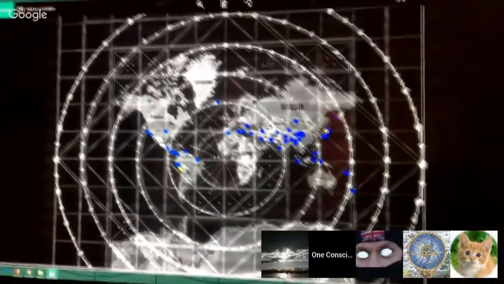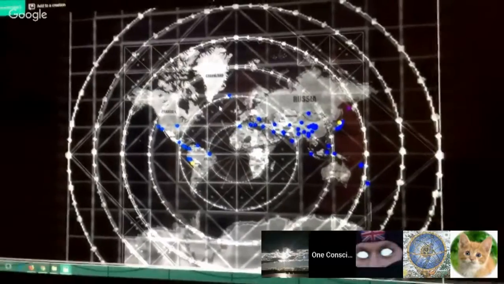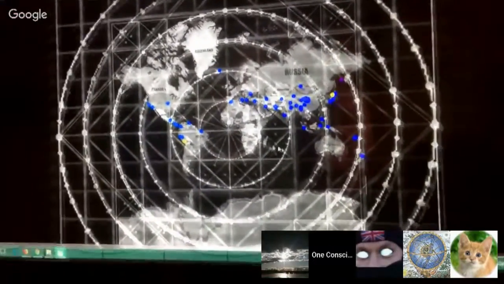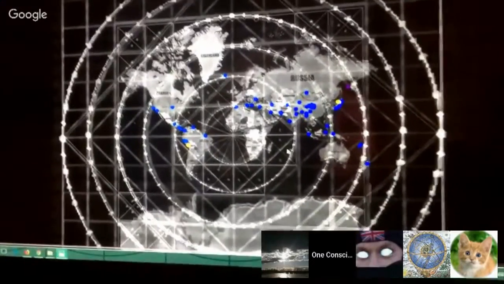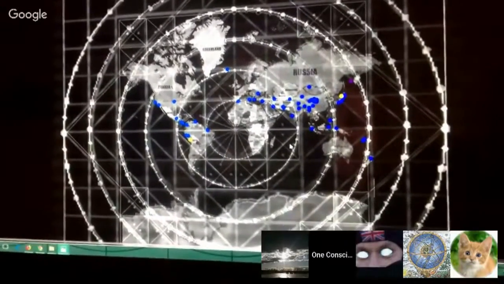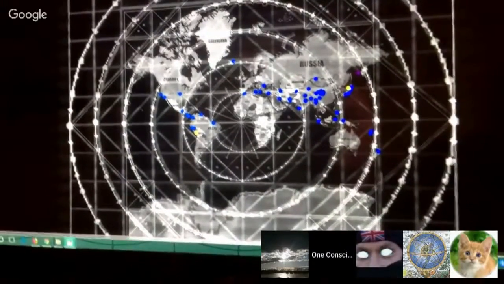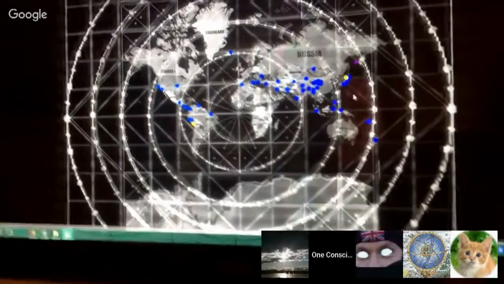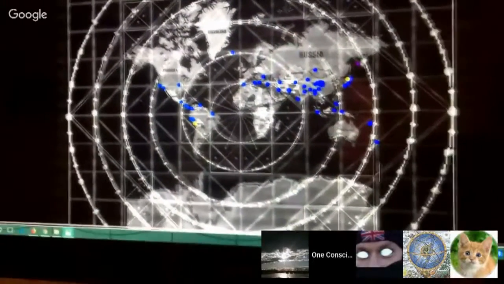So you can see all the blue is what I'm recording as 50 kilometers or less, okay? The reason that I'm doing it that way is because FPV's theory is that at 10 kilometers down is an activation point. And we can see that because most of these are actually between 10 and 12 kilometers down.